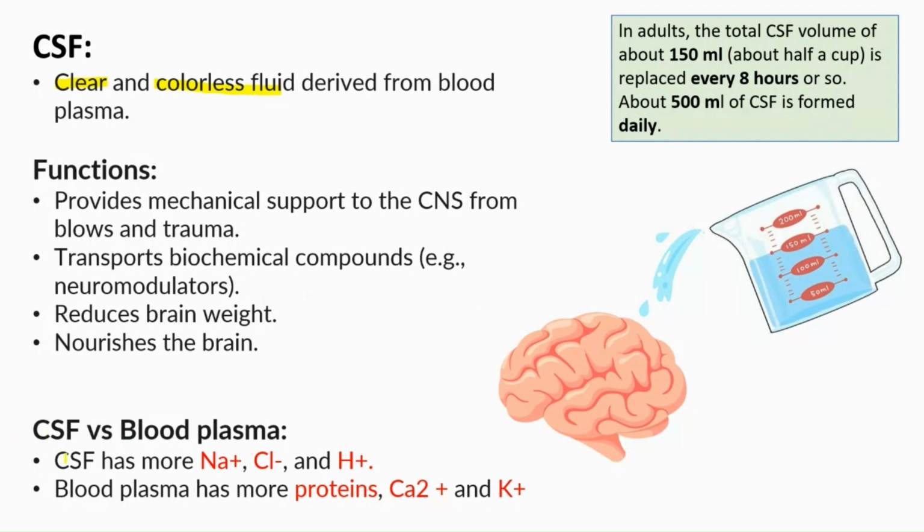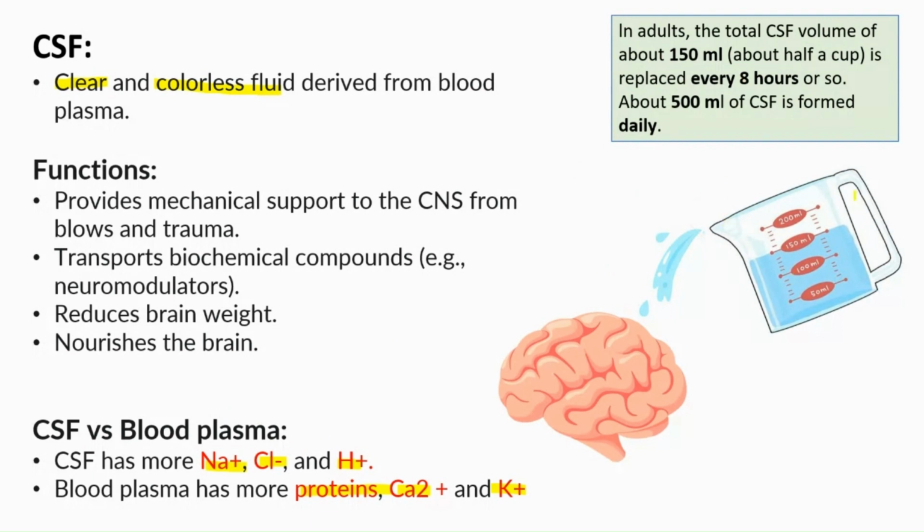So what's the difference? The CSF has more sodium, chloride, and hydrogen. However, the blood plasma has more proteins, calcium, and potassium. You can think of it as, the CSF is slightly salty, so it has more sodium chloride, hydrogen, and so on.